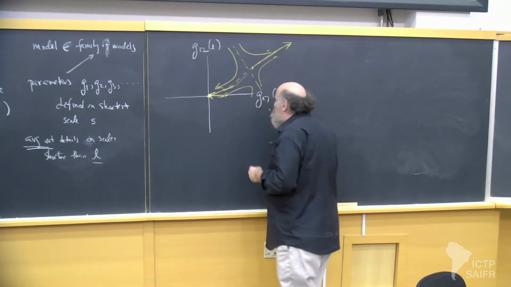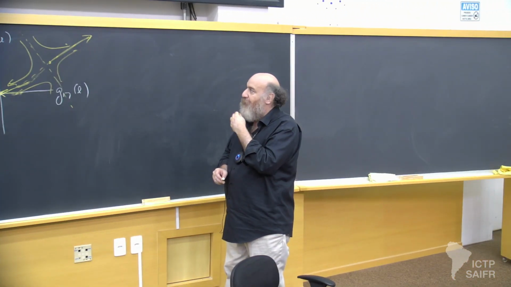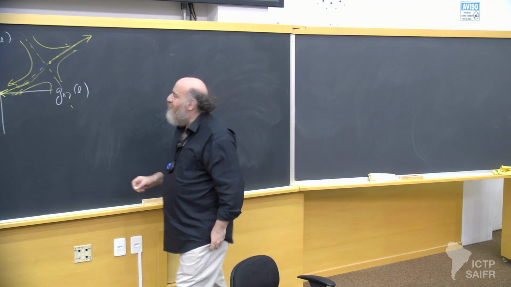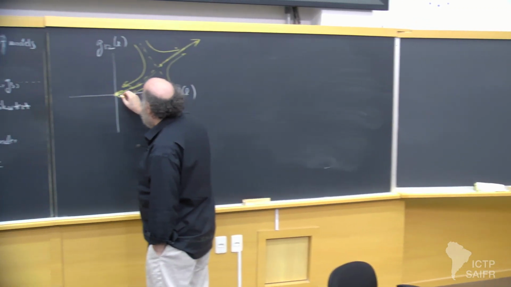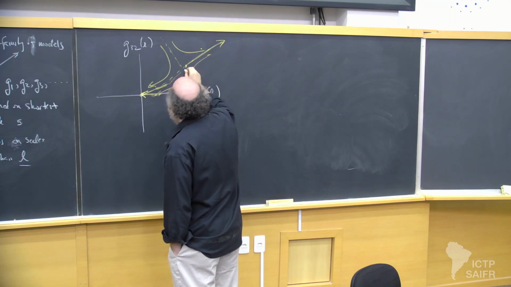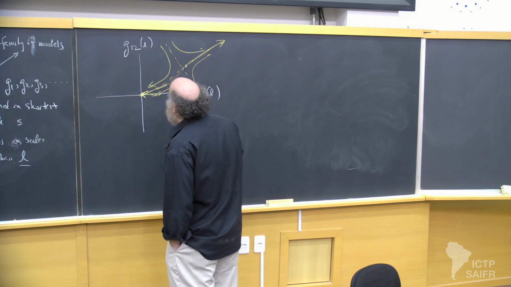So these different possibilities get names. I've made it simple here because I'm just in 2 dimensions. But because I'm in 2 dimensions, these things have special names.